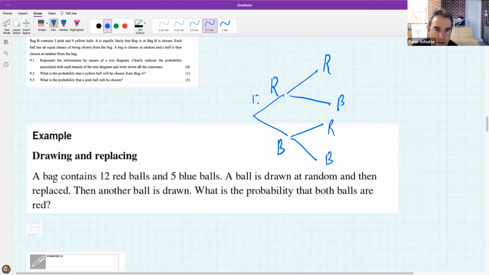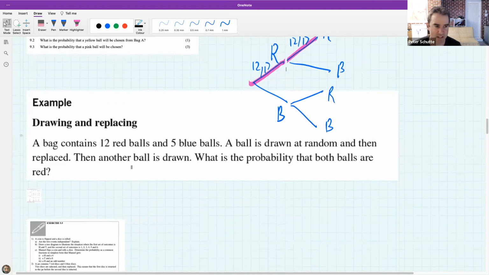And so this is going to be 12 out of 17. And this is 12 out of 17. Now, in this particular situation, because they only wanted to know about the probability of red, I'm only going to need that one, which would be 12 over 17 times 12 over 17. Let me pull up the answers and you can have a quick look.